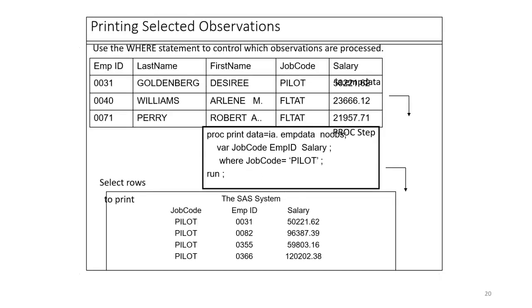Now printing the selected observations, as we have already seen. Let's go to the SAS code window and execute this program. Here we want to see only where jobcode is equal to PILOT.